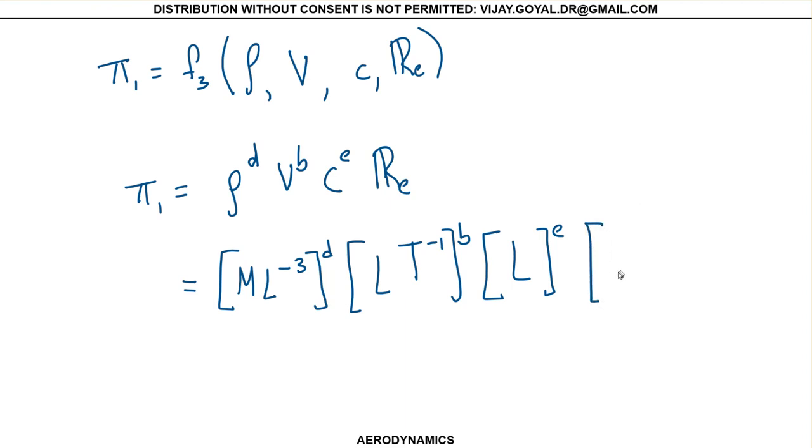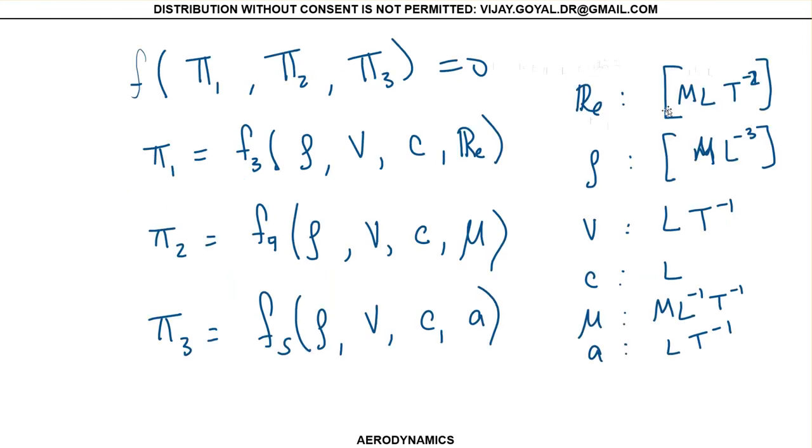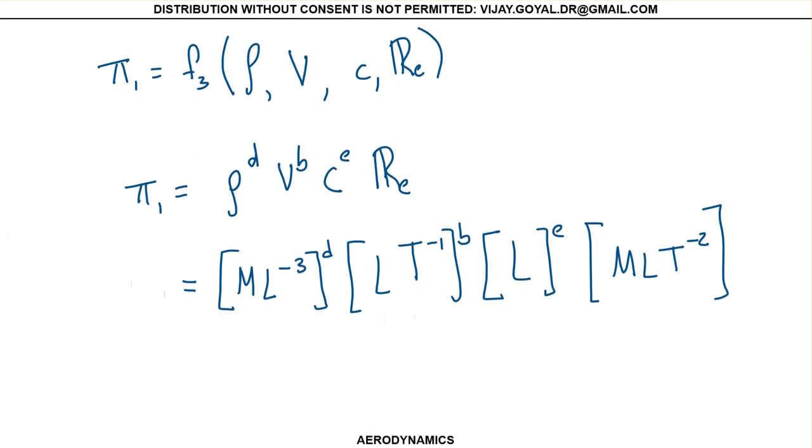Reynolds number is nothing else than m, l, t minus 2. Okay, so we know that, and this comes from this analysis, and all we are doing is replacing everything inside this equation.